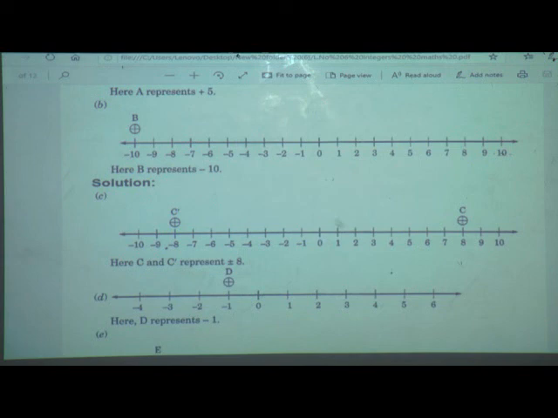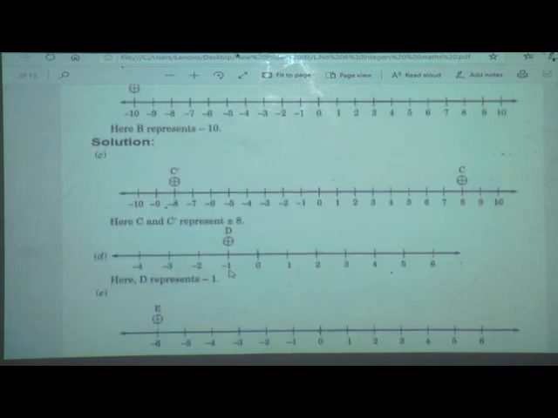So from 0, 8 steps forward, here we have positive 8. We will mark it as C, and if we move towards the left side of 0 we have negative 8. We will mark this point as C dash. Hence C represents positive 8 and C dash represents negative 8.